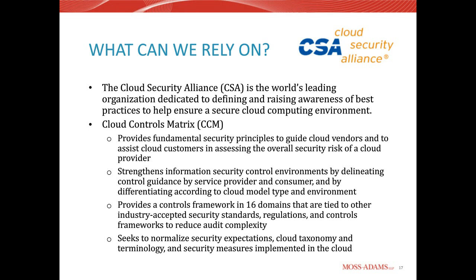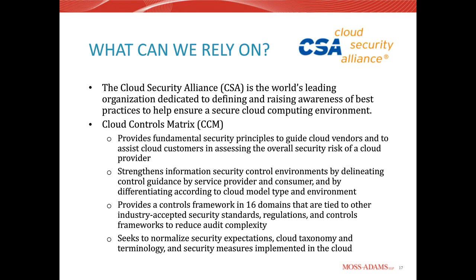The current version of the CCM is version 3.0.1, and it was last updated in October 2016. You can think of the CCM as a controls framework with 16 domains that are tied to other industry-accepted security standards, regulations, and control frameworks to reduce audit complexity. In fact, the controls within the CCM have been mapped to the majority of the standards and regulations that are out there.